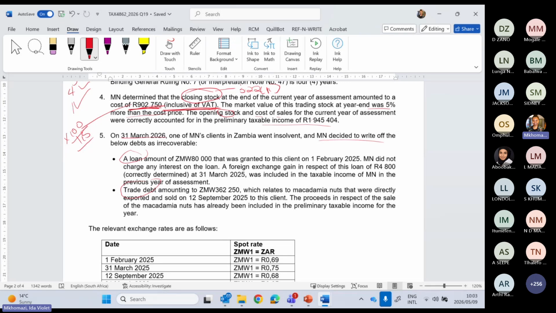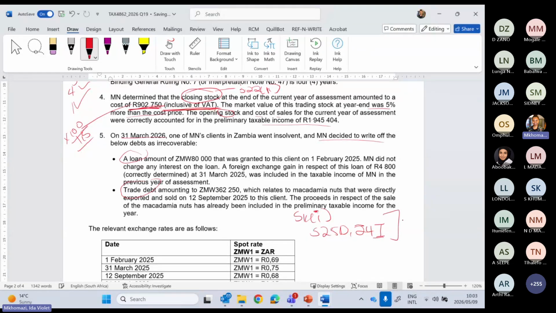So let me take a few minutes just to get into it, right? So when you see a bad debt, remember bad debts are governed by Section 11I. When you see foreign transactions, you need to consider Section 25D and 24I, right?